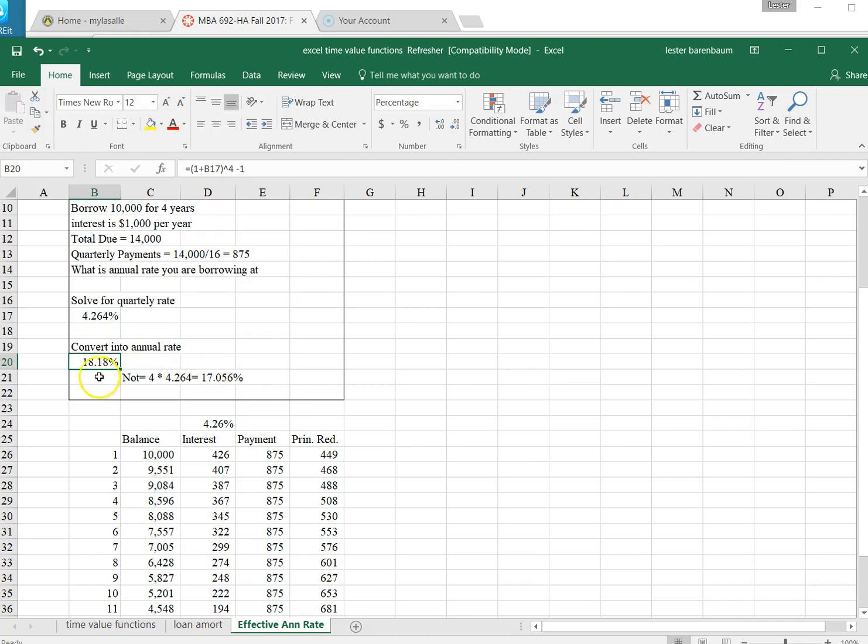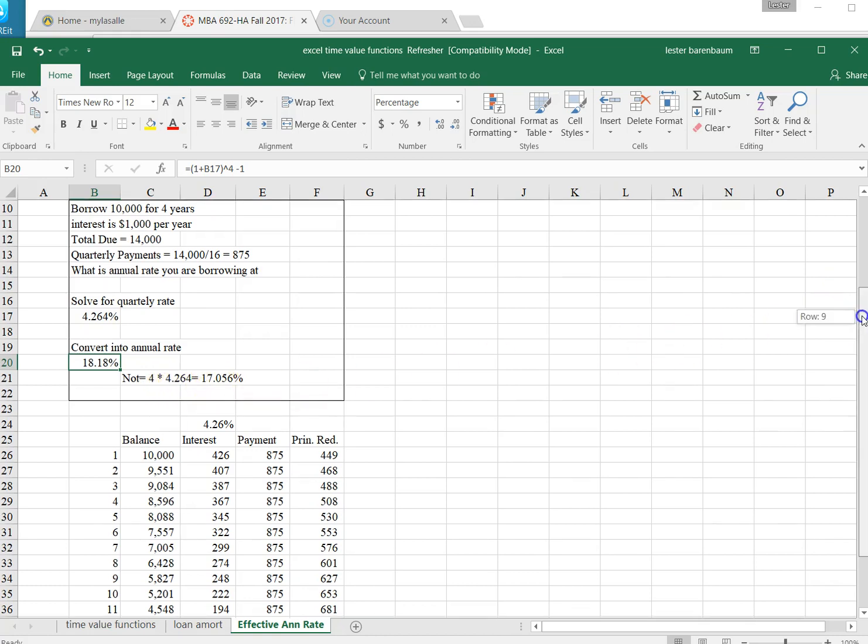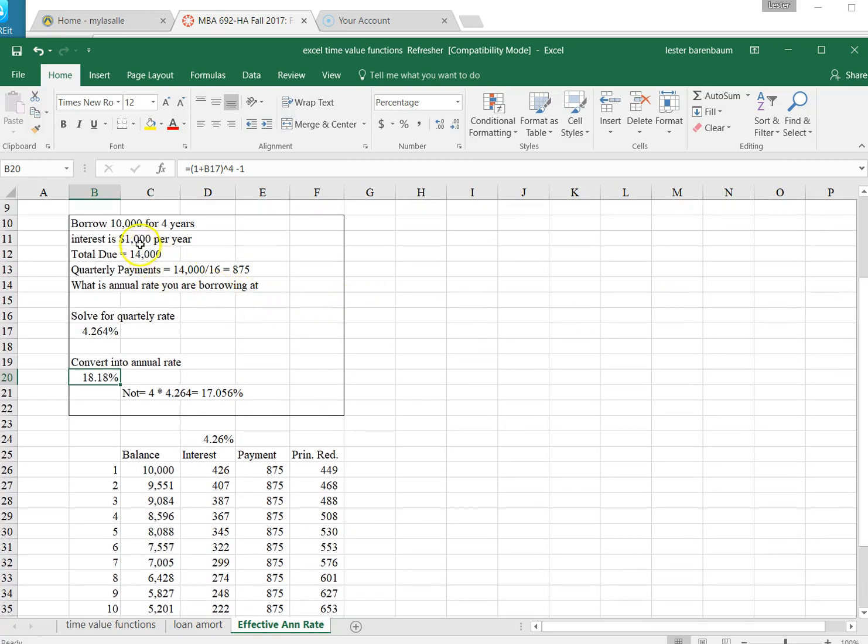And as shown, the annual percentage rate you're borrowing at is 18.18%, not 4 times 4.264 or 17%, and certainly not the simple rate of 10%.